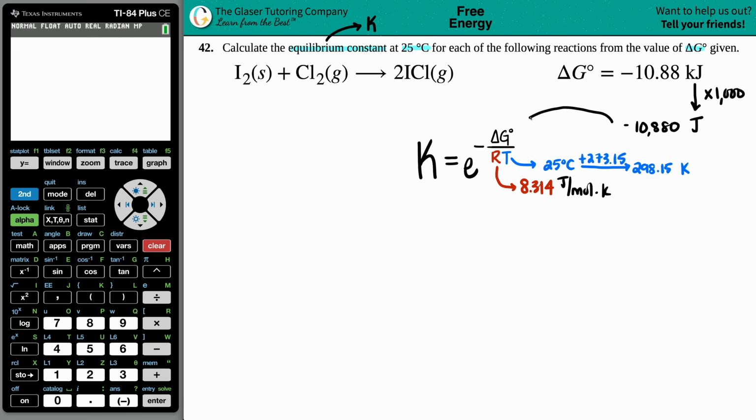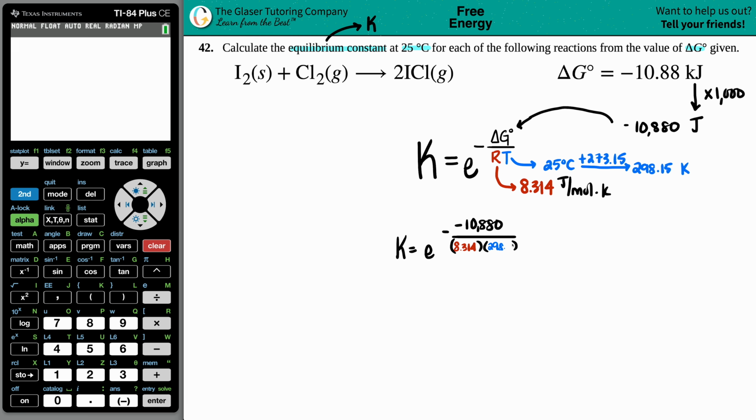Okay, beautiful. Now let's just plug it in. K equals e raised to the negative fraction. Maybe I'll pull this down a little bit. Okay. So my delta G is already a negative, negative 10,880. And then I have the two values on the bottom. I got the 8.314. And then I have the 298.15.